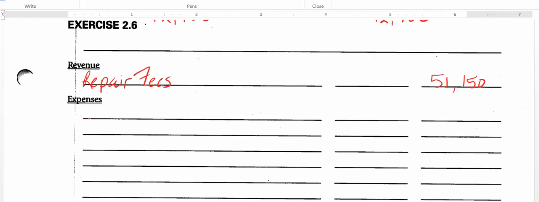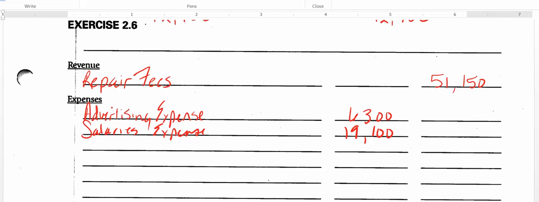So we'll list advertising expense, and we're going to use the first column for that, $6,300. Next is salaries expense, and that is 19,100.